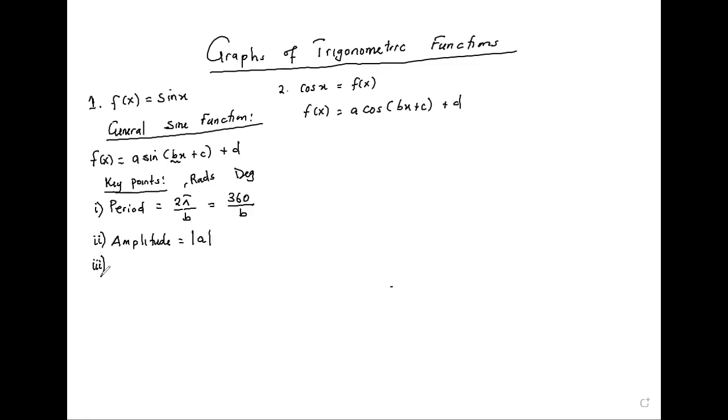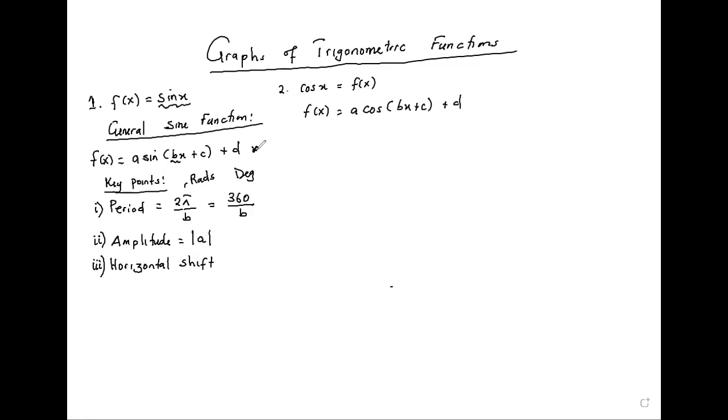And then 3, we have what you call the horizontal shift. Well, the original graph of sine is this one. So when you do this, it's like you're moving it from its initial position to some other position.